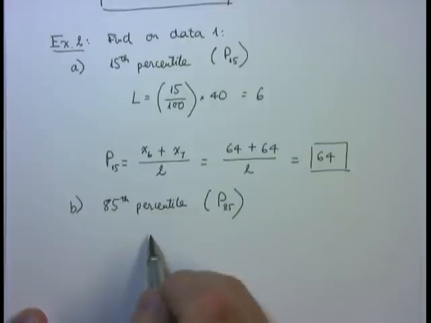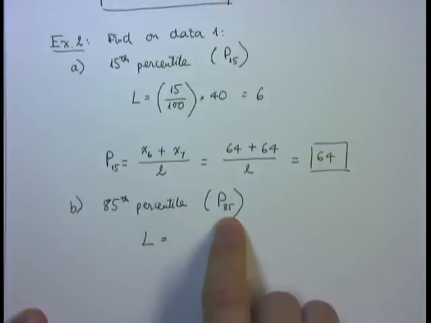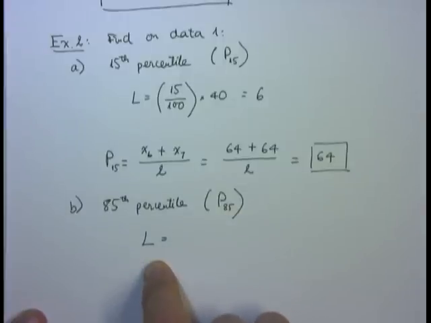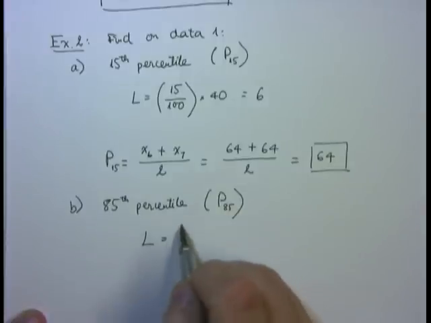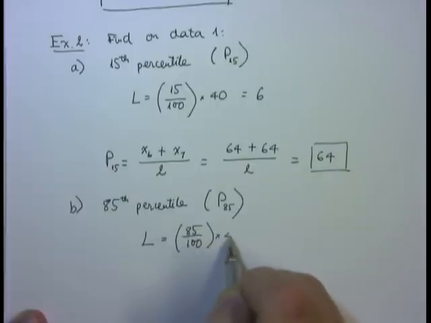Okay, so once again we need to find a locator. In any of these P subscript problems, or generally when we try to find any kth percentile, you always need to find a locator. So here my locator is obtained by 85 over 100 times 40.